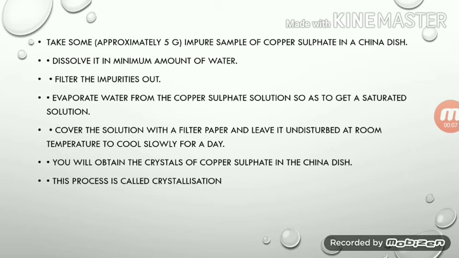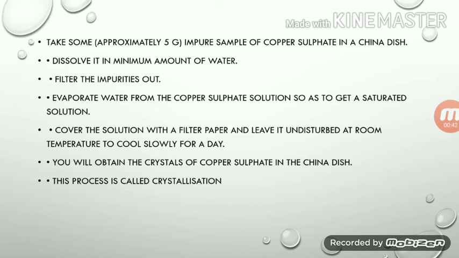This is the activity given in your book. Take approximately 5 grams of impure copper sulfate in a china dish. Dissolve it in a minimum amount of water. Filter the impurities out. Then evaporate water from the copper sulfate solution to get a saturated solution.